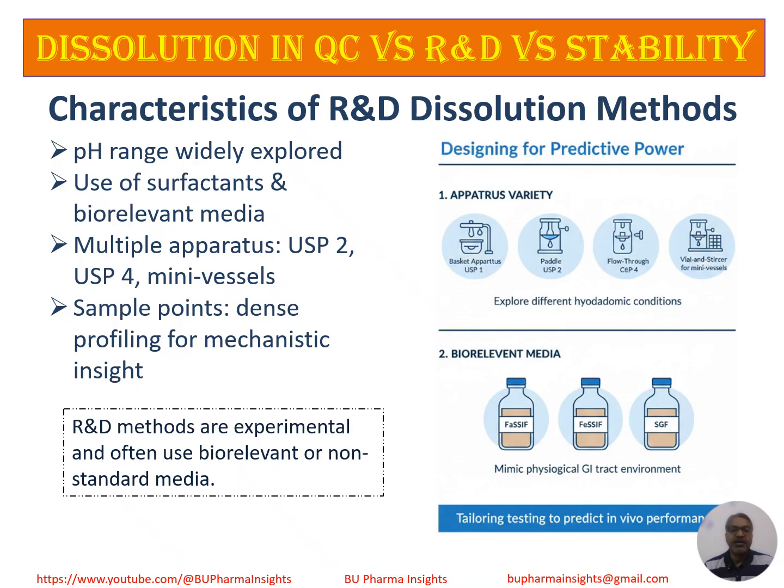R&D methods are experimental and may use biorelevant or non-standard media, with a wide pH range explored. Typical R&D practices include using surfactants and biorelevant media, multiple apparatus (USP 4, USP 2, and mini vessels), and dense sampling time points for deeper mechanistic insight. This flexibility is what makes R&D dissolution a powerful learning tool.